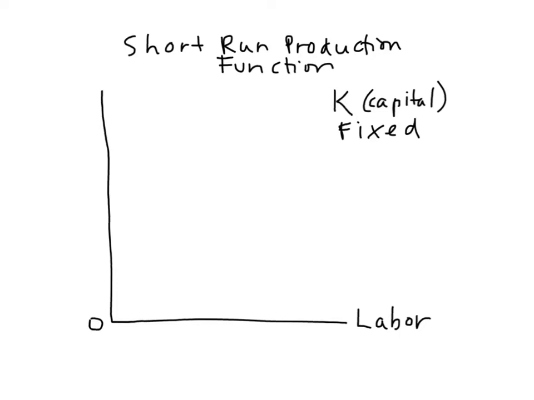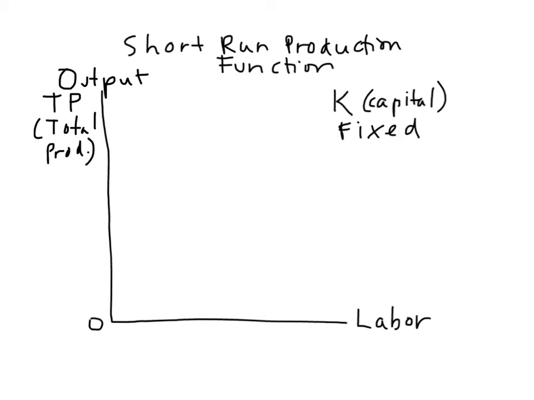Now, what is on the y-axis here is going to be O for output, or we sometimes use TP for total product. Okay, so what we're saying in this graph is that holding the fixed input constant, as we increase our variable input, labor here, we're also going to have an increase in our output, or total product.